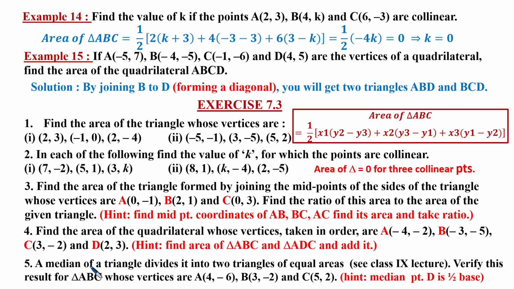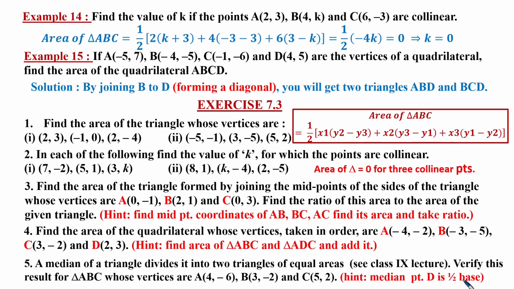Please go through my class 9 lecture notes where we have defined what a median is. See the class 9 lecture. Verify this result for triangle ABC whose vertices are given. So you draw a median from one vertex to the midpoint of the opposite side. Here I have said the median point, say D, is half the base.